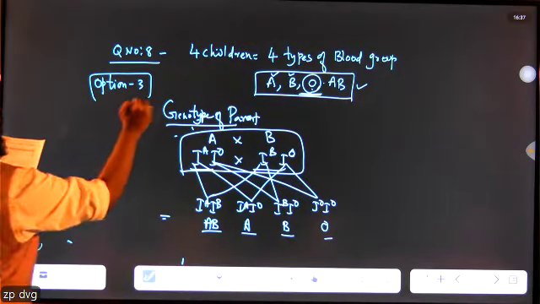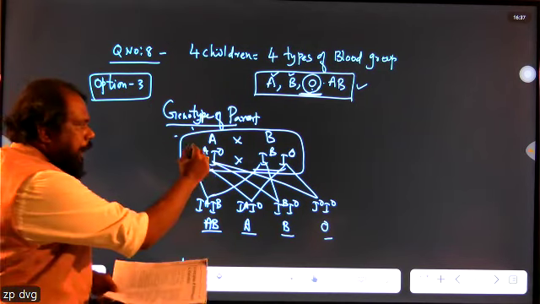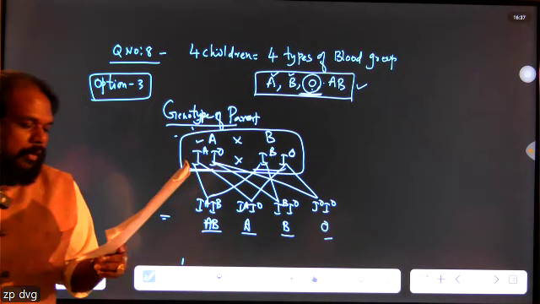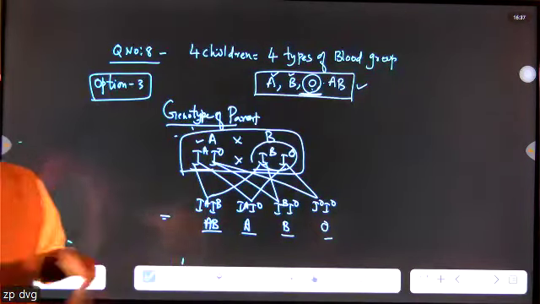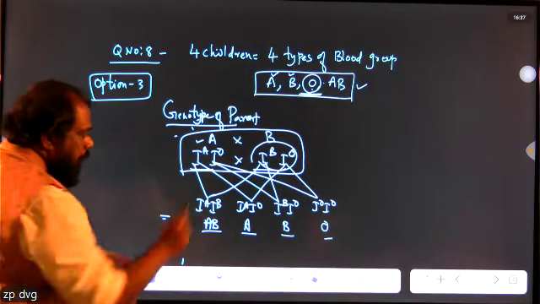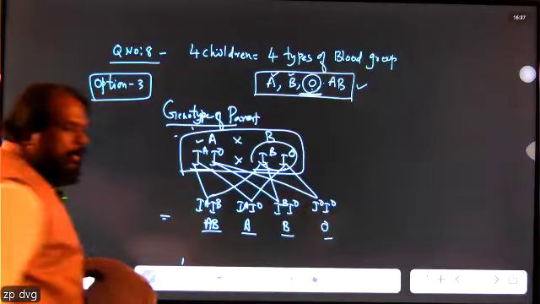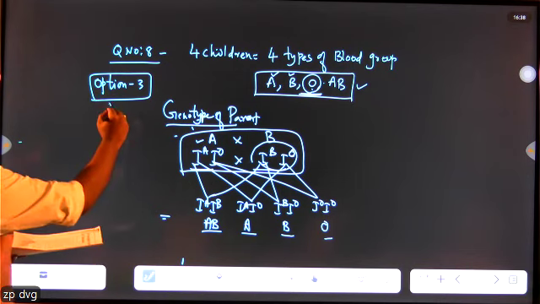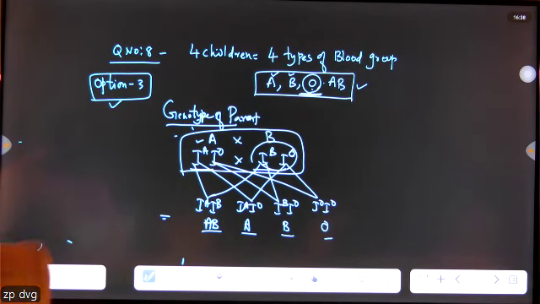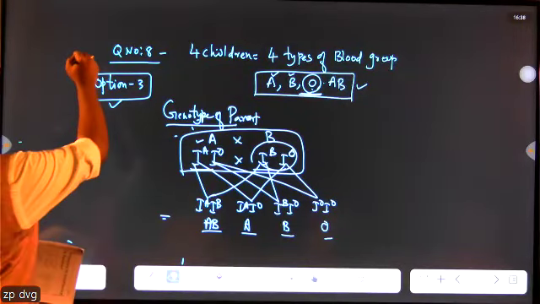Option 3 says one parent is heterozygous for A, another parent is heterozygous for B. So only in this condition, their children will have all 4 possible types of blood groups. Understood? Any doubt on question number 8? Option 3 is the correct option. Clear? Can we go to the next question?